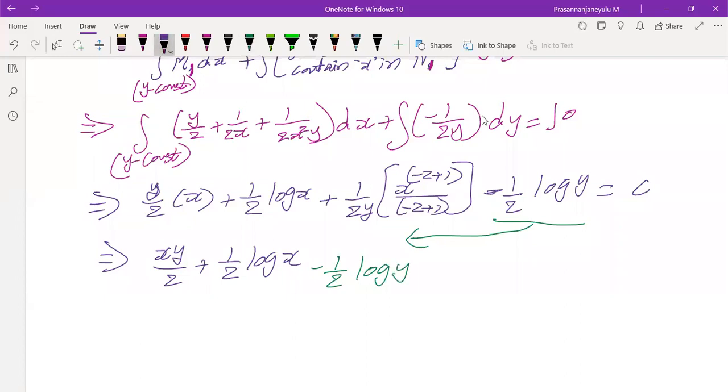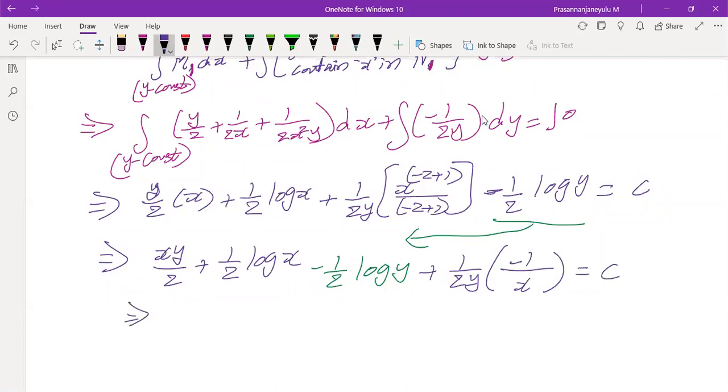Next, plus 1/2y into, what do these brackets become? Minus 2 plus 1 is minus 1. Taking x to the power minus 1 to the denominator, we get minus 1/x, is equal to C.